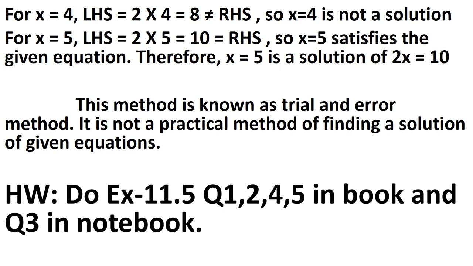Question number 2 you have to do again in the book, in which the value of the variable is given. You have to tell whether this value satisfies the given equation or not. Question number 3 you have to do in the fair notebook. The 4th and 5th questions again you have to do in the book.